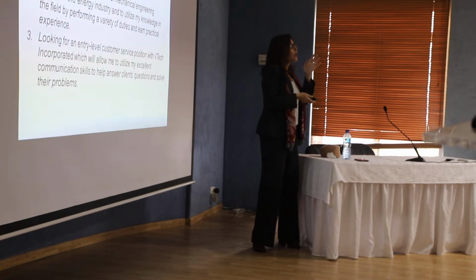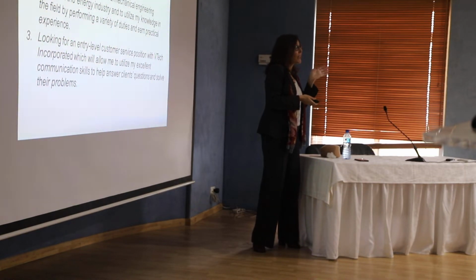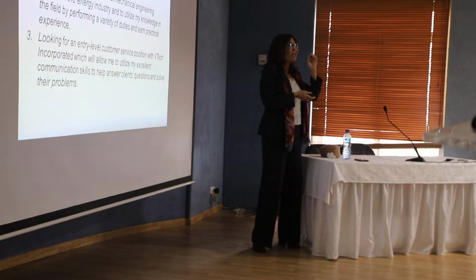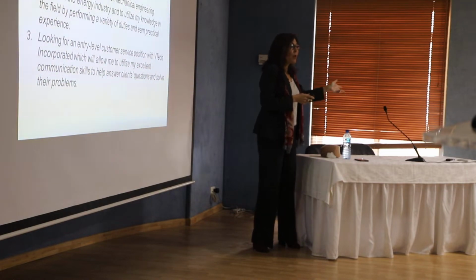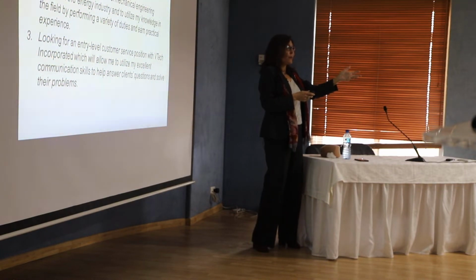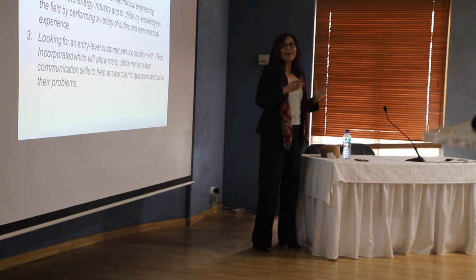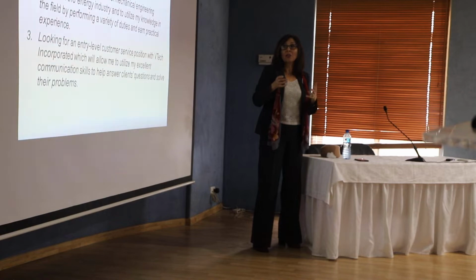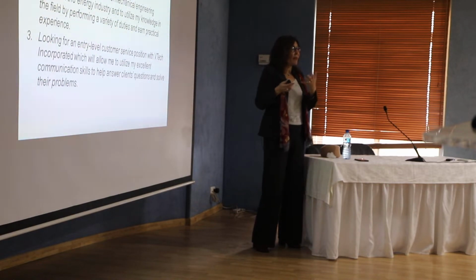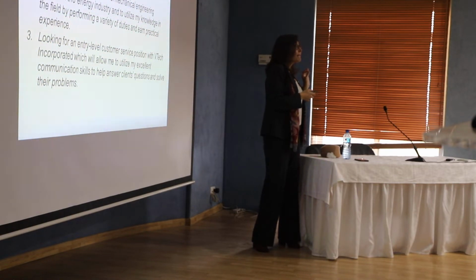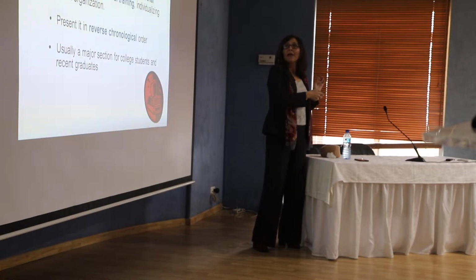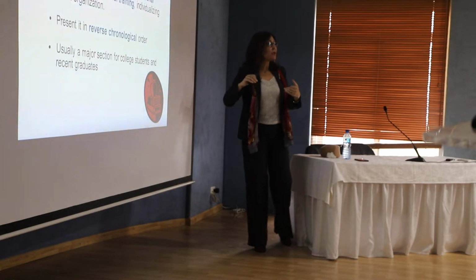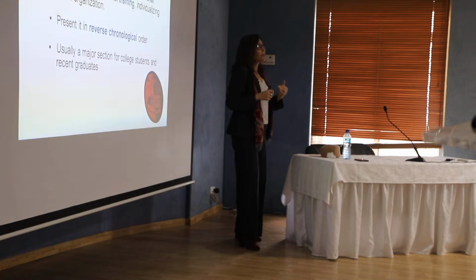So these are really good career objective statements. You are specific enough to tell the employer what you really want, what the position is, what you can do, and how you can serve. And as you see, these are fragments, not complete sentences. It's not "I am looking", it's "looking to obtain". Clear? Yes? Okay.